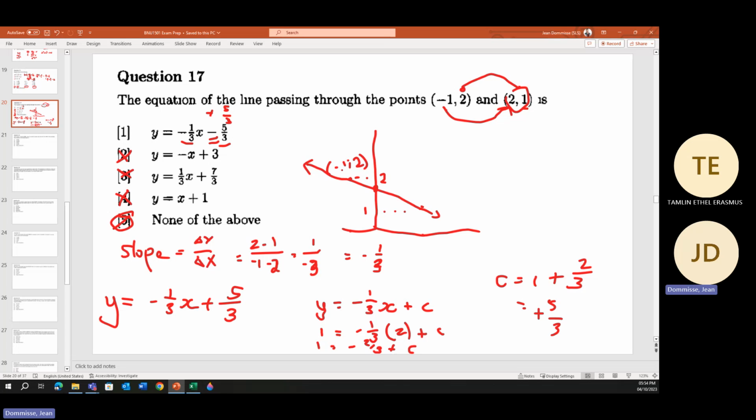Okay, the slope is negative because we're moving from left to right with a downward. If it was going up this way, the slope would have been positive. But it's going the other way around, so that is why it is negative.